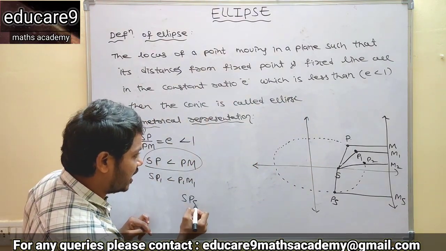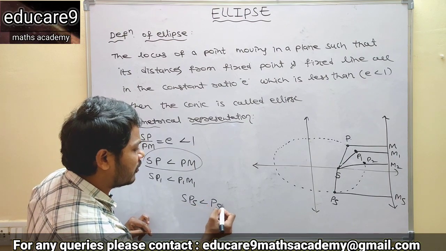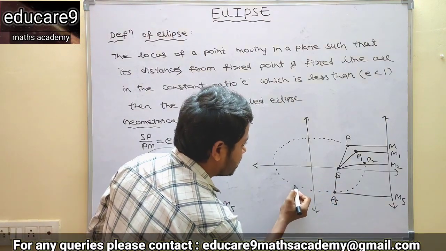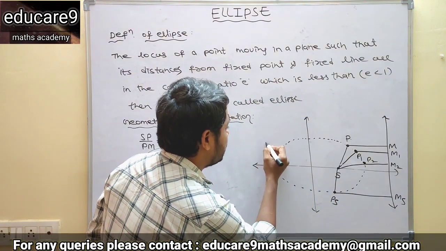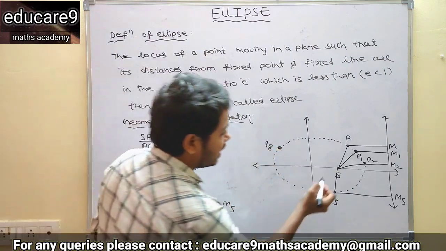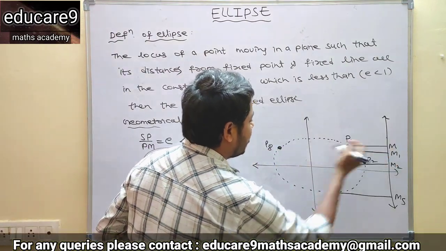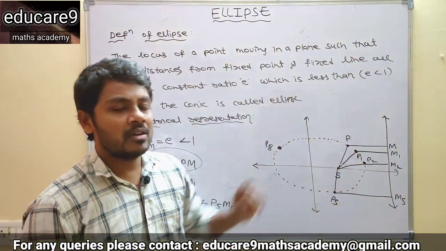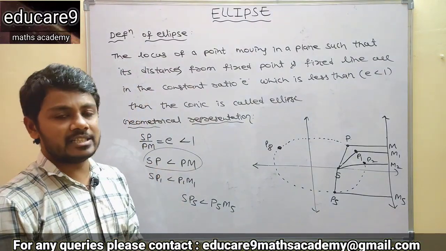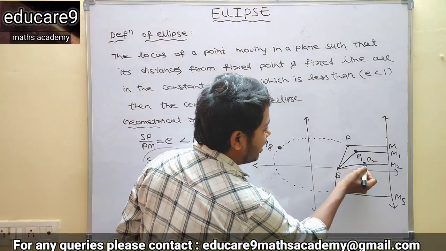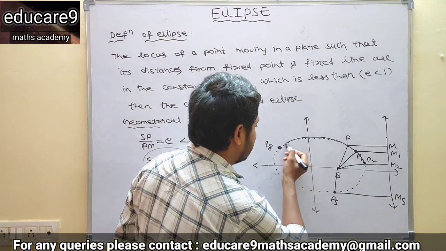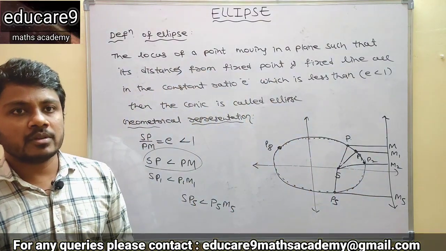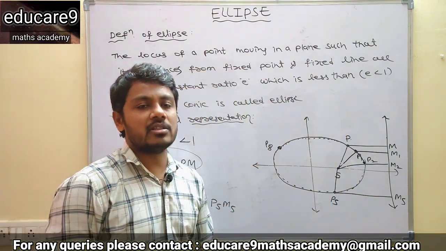Suppose we consider this point P8, SP8 is less than P8M8. So clearly all these points satisfy the given geometrical condition. Then the line joining these points is called what? Ellipse. So this is the geometrical definition of ellipse.